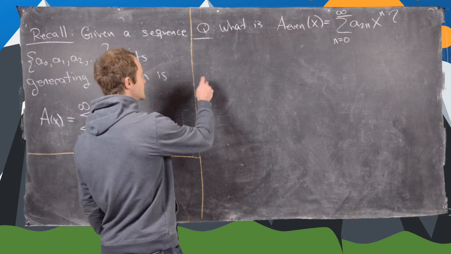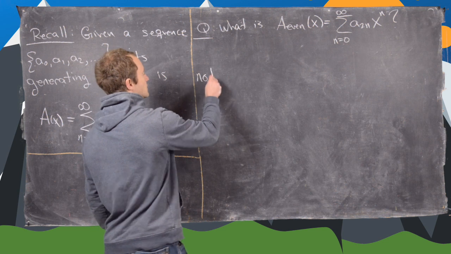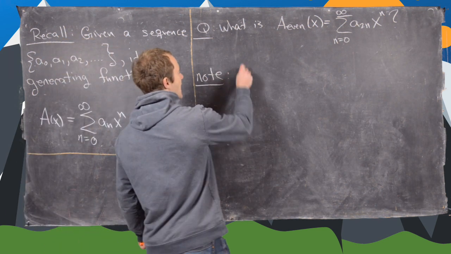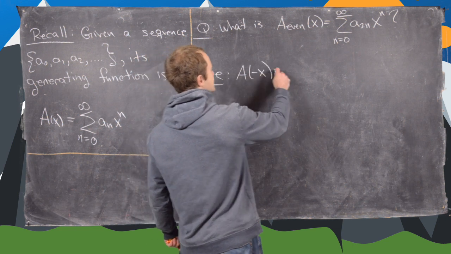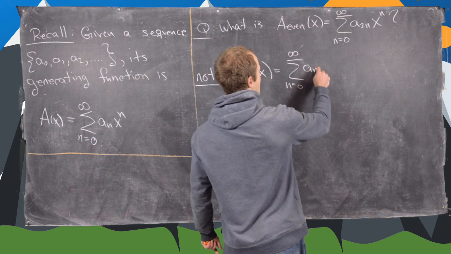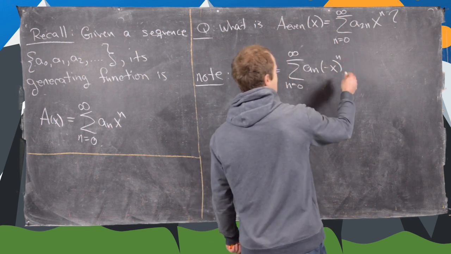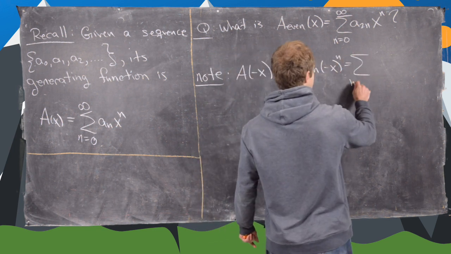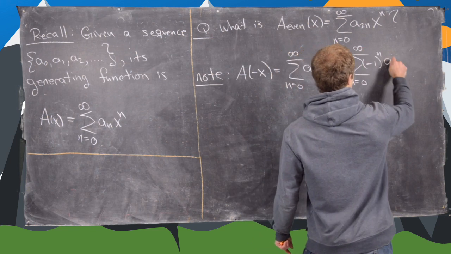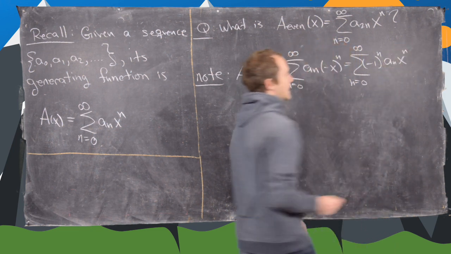So now here's what I'll notice along this path, that if we take A(-x), we're going to get the sum n equals 0 to infinity of a_n (-x)^n, which is going to be the sum n equals 0 to infinity of (-1)^n a_n x^n.